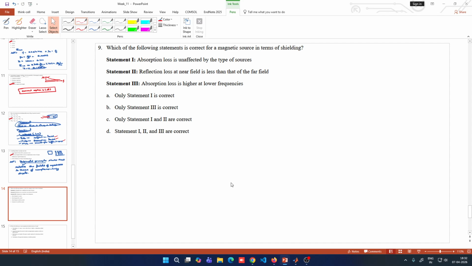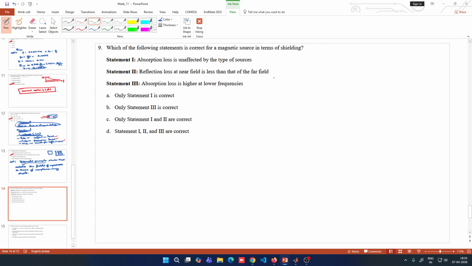Which of the following statements is correct for a magnetic source in terms of shielding? Statement 1: absorption loss is unaffected by the type of source. Statement 2: reflection loss at near field is less than that of far field. Statement 3: absorption loss is higher at lower frequencies.